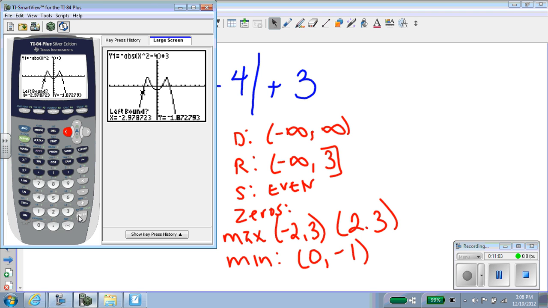Okay, that's left of the leftmost one. Now I'm right of that one. And that's my guess. Okay, -2.646 approximately, 0. And I will also have positive 2.646, comma 0.